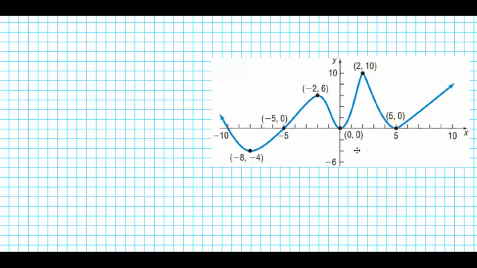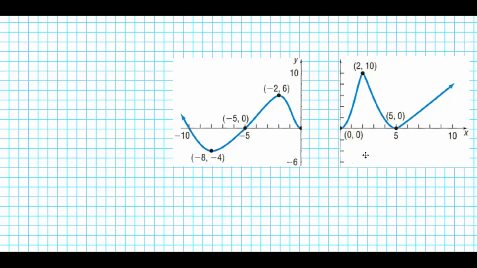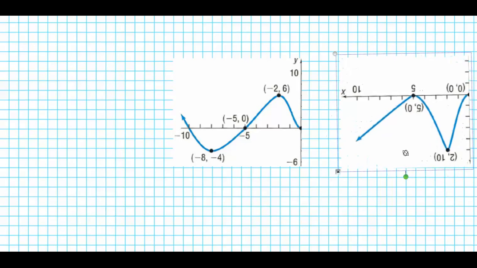That's the question. When we're talking about odd, that involves a rotational symmetry, a symmetry about the origin. So let me show you what I'm talking about. Let's split it down the center. See if you can visualize this. If I rotate this graph 180 degrees, do I get this identical graph? You will not. So let me go ahead and do it. 180 degrees right there.